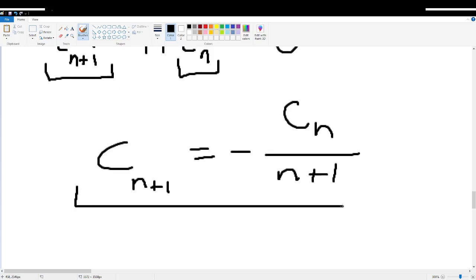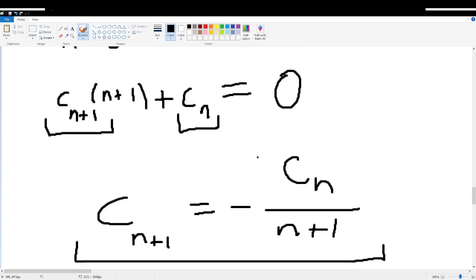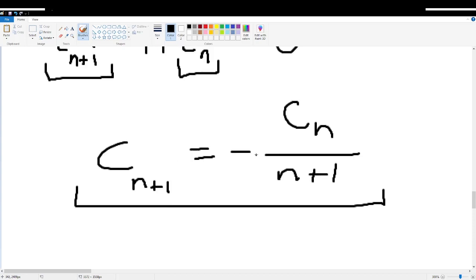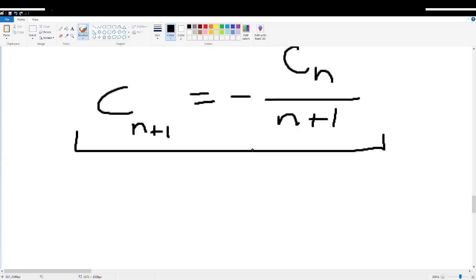Now this gives us our general recurrence relation, but the problem is that we want a more closed form, or at least we want to take a look and see if we can find a nicer form for this recurrence relation, right? So the way to do that, really simply, is to just generate a few terms manually and see if you can see a pattern.